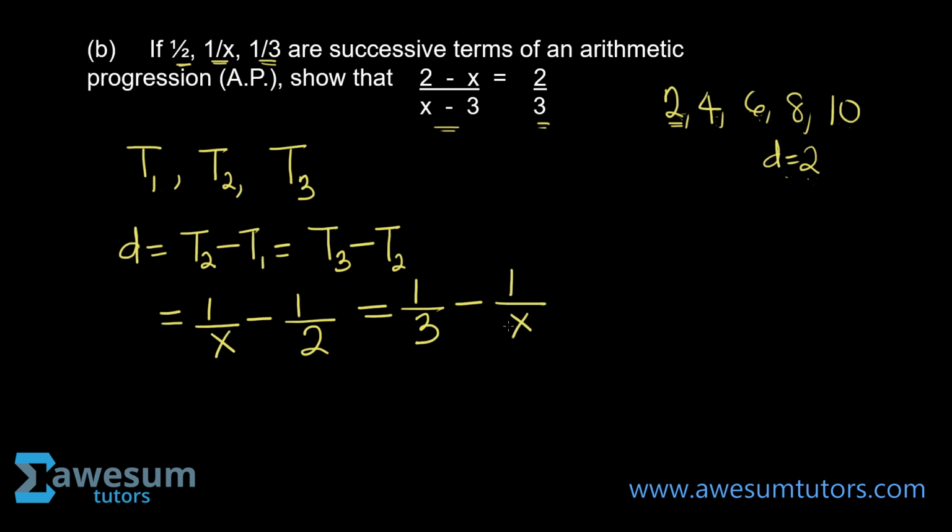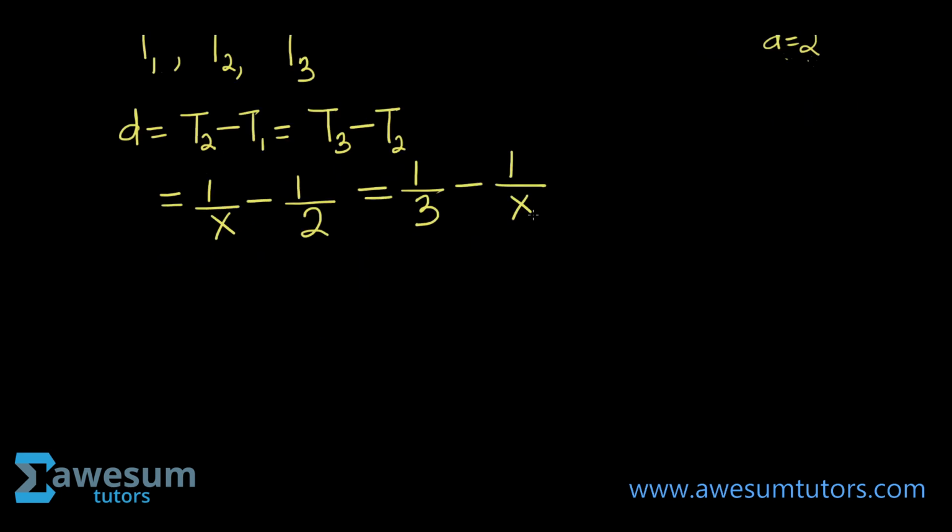Remember what we are trying to do is to show that 2 minus x over x minus 3 equals 2 over 3. Now let us go ahead to solve this problem.